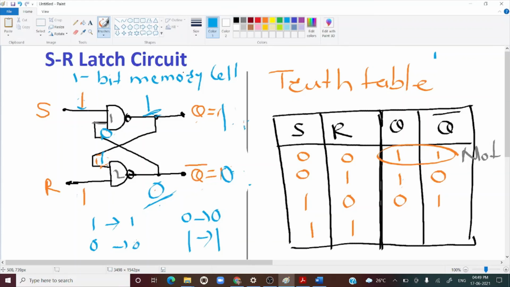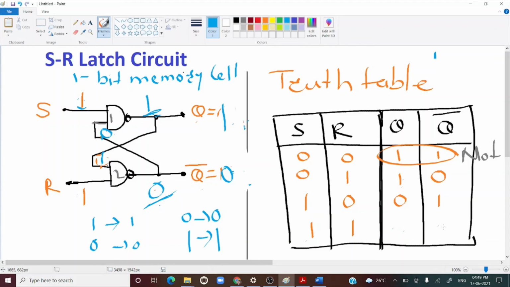So output is not changing. Okay, whatever is the previous output, that remains in the same state. If you apply S is 1 and R is 1, then in that case we cannot write the output q and q bar is either 0 or 1. It remains in the same state.